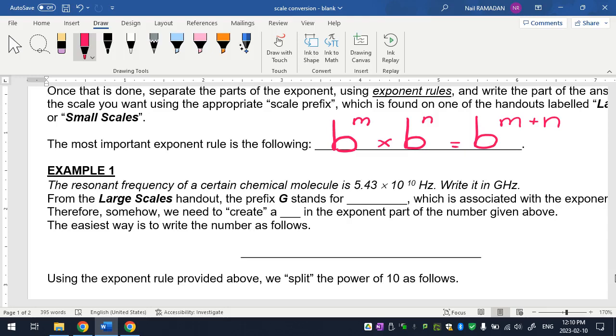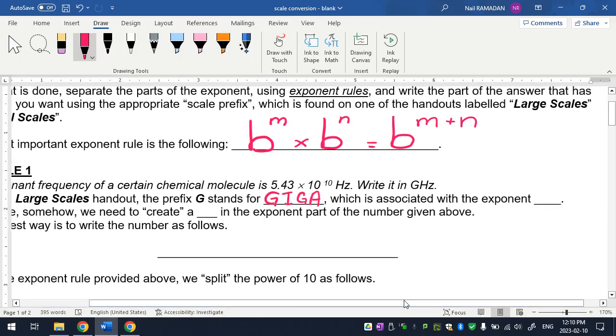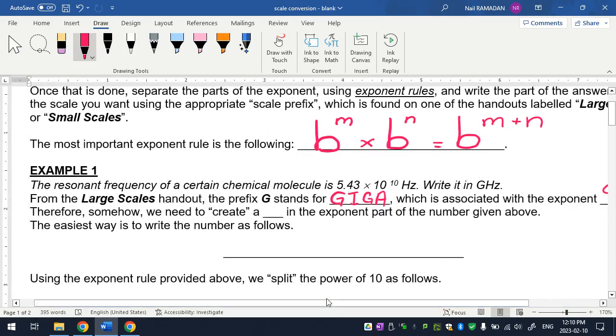Okay, let's do it step by step. From the large scale sheet, the prefix, there's prefix and postfix. Prefix, because they always come before. The prefix for G stands for giga, G-I-G-A, which is associated with which power? Just 9. Giga is always a 9. So what does this mean?